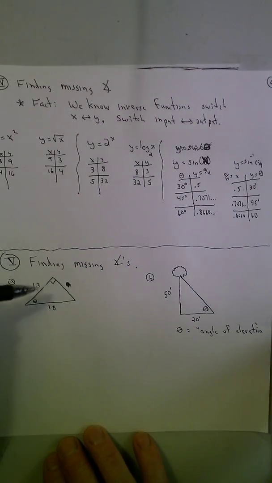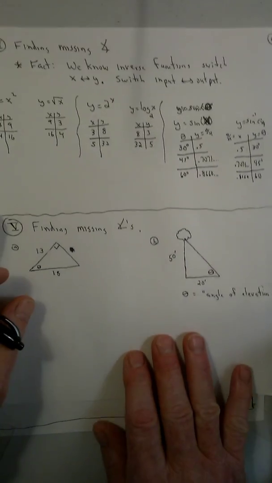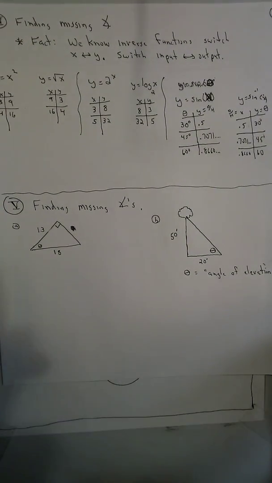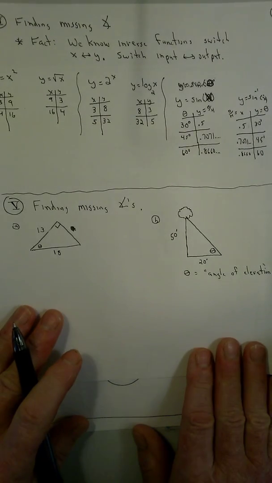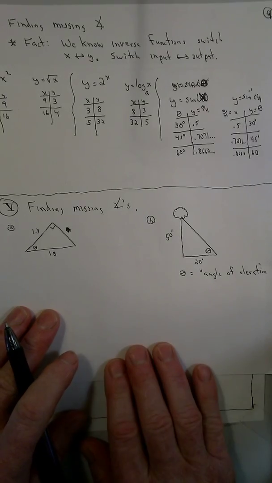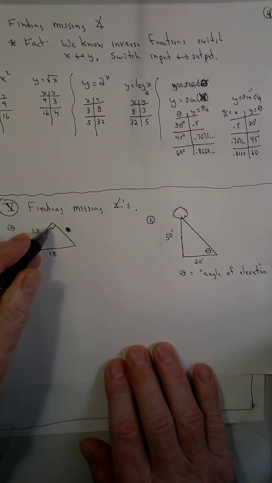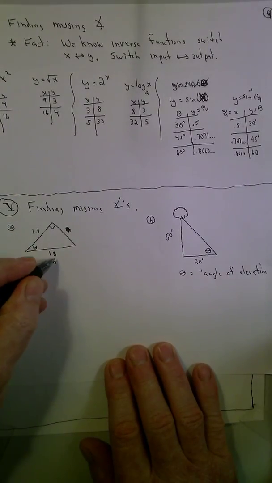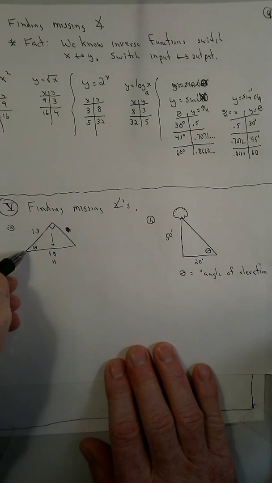All right, so we go down to some problems. We're going to find the missing angle. Now, if you do it all from the very beginning, I'm not sure how we did this in geometry, but you say, okay, I'm standing here. There's the right angle. That's the hypotenuse. This side helps make the angle, so that's the adjacent.